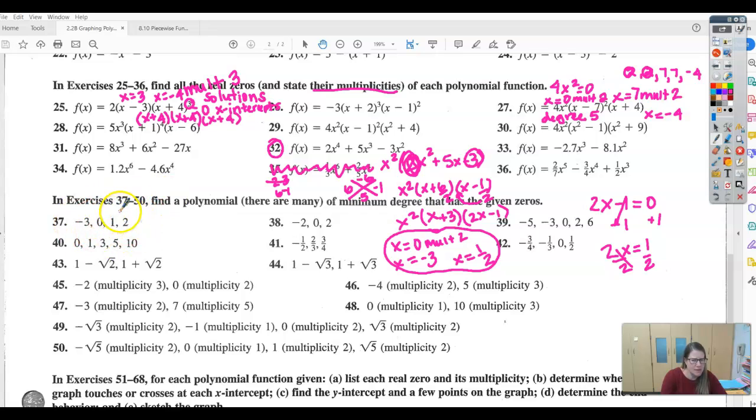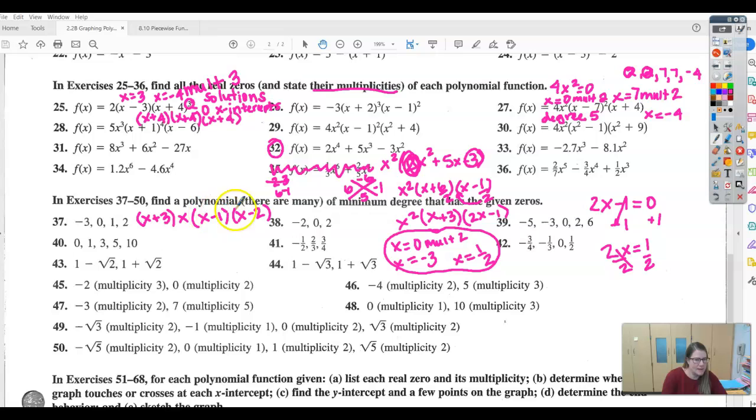Here we're given the zeros and we need to use it to find a polynomial that it could have come from. So if my 0 is -3, then I know the factor it came from must have been x plus 3. If my 0 is 0, I know it was probably just an x. For 1, it would be x minus 1. And for 2, it would be x minus 2.